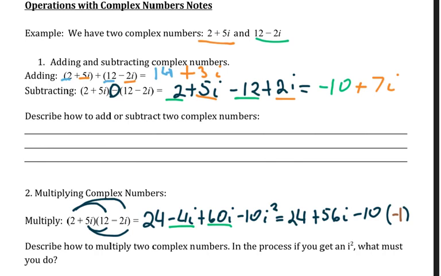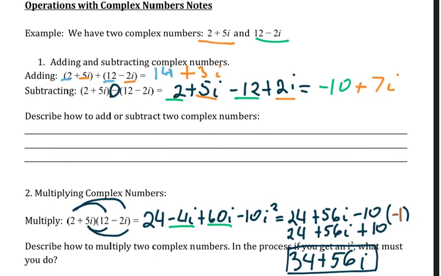So I have 24 plus 56i, now plus 10, because negative 10 times negative 1 is positive 10. Last step, combine any like terms that are left. So 24 and 10 are like terms, so I'm going to add them now. So 24 plus 10 is 34, plus 56i is my answer.